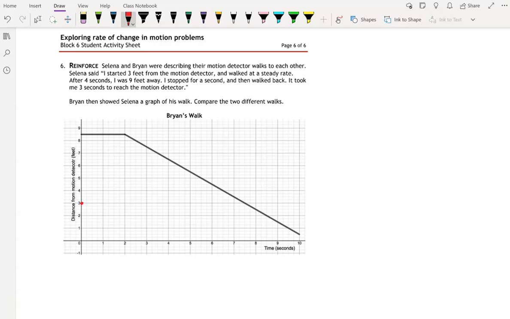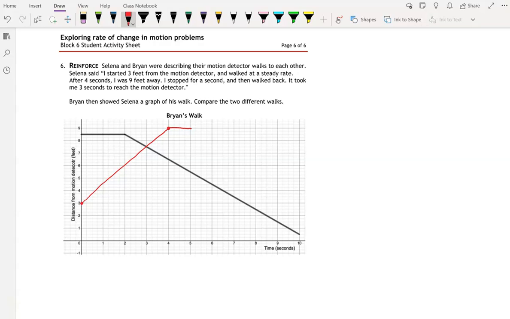4 seconds, 9 feet. Then she said, I stopped for a second. There's her stopping for a second.